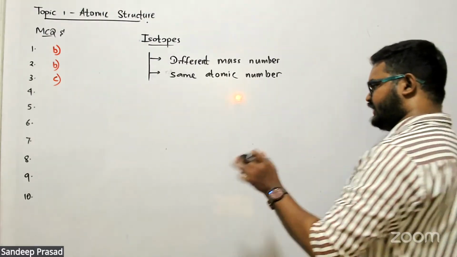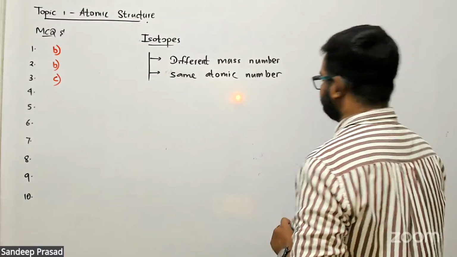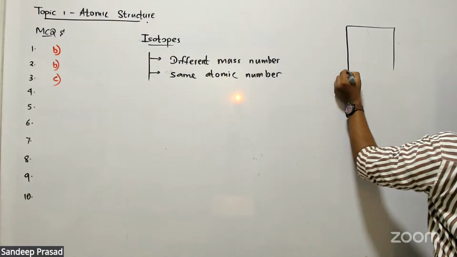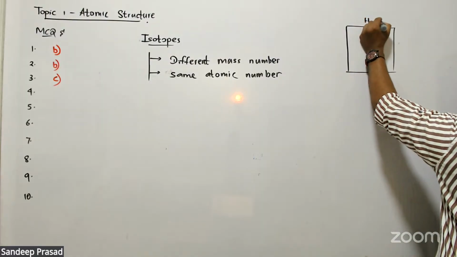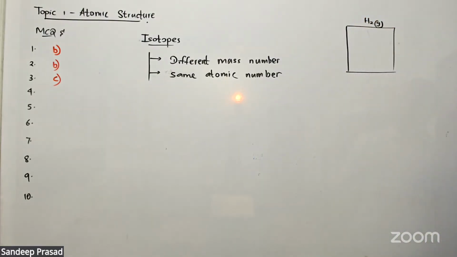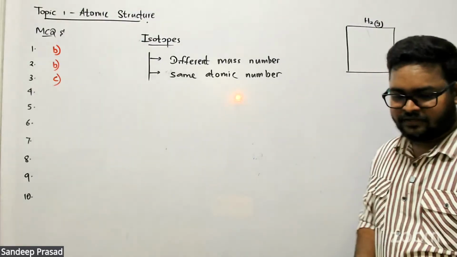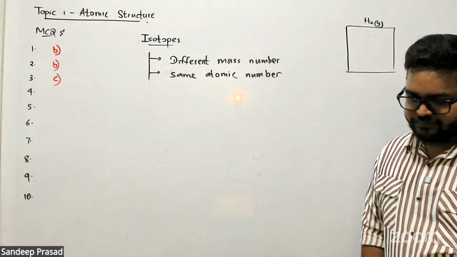Right. Now I'll take an example. If I consider a gas sample of hydrogen, just imagine hydrogen gas. Hydrogen gas is containing 3 different types of isotopes. What are they? Anyone here? What are the 3 different types of isotopes?